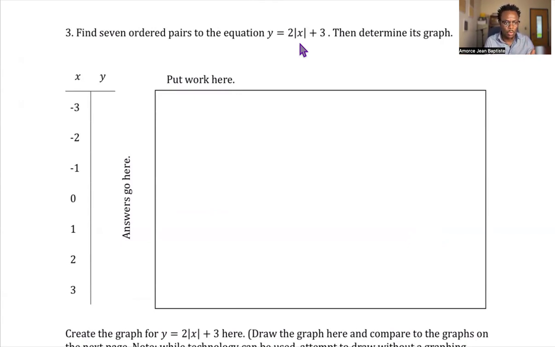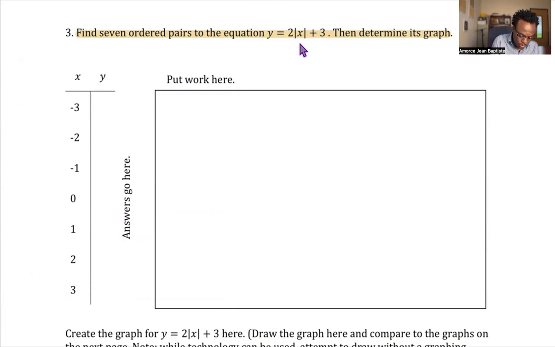So in this example, they ask me to find 7 ordered pairs of this equation so that we can have an idea of what the graph looks like after we plot these ordered pairs, and then eventually we can sketch the graph by using them. So we start by using the equation and the x values given, so we can find ordered pairs, and then from there graph the equation in x and y that is given.